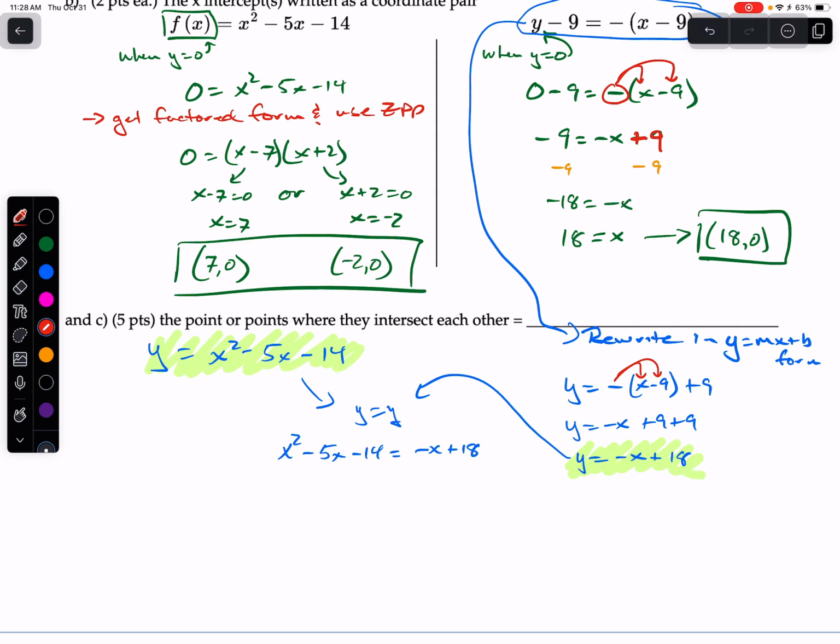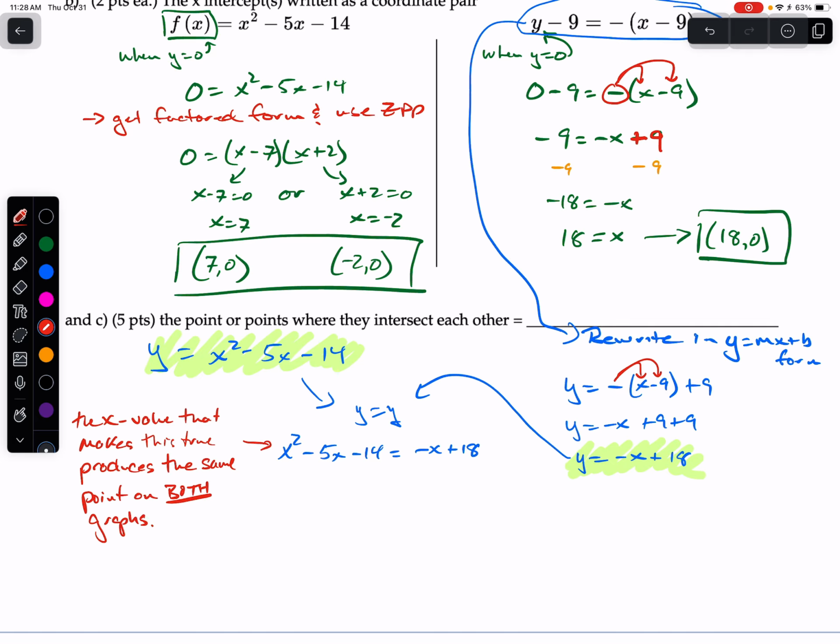And that's because the x value that makes this true produces the same point on both graphs.